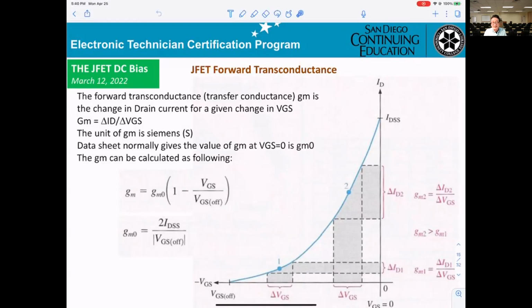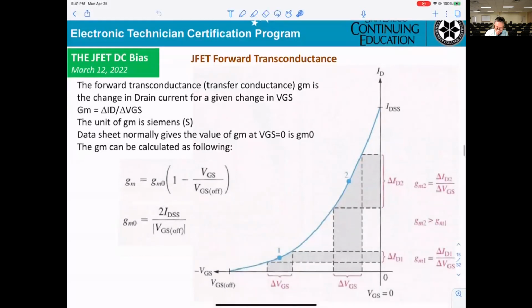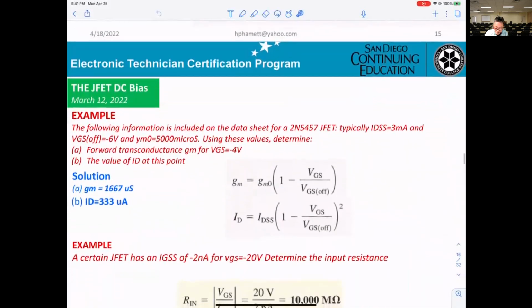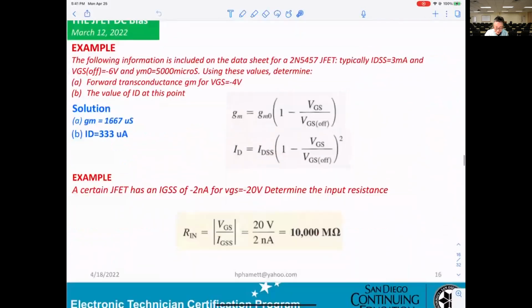Normally the data sheet gives it to you. However, if not, you can calculate gm0 equals 2 times IDSS divided by the absolute value of VGS off. Remember VGS off is negative, and gm0 cannot be a negative number, so that's why you need the absolute value.